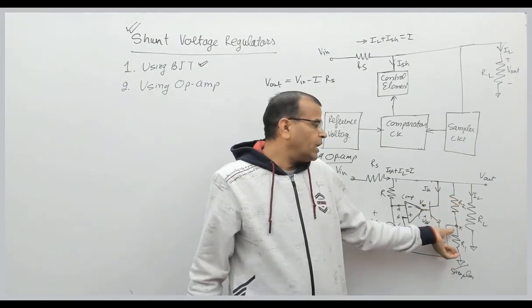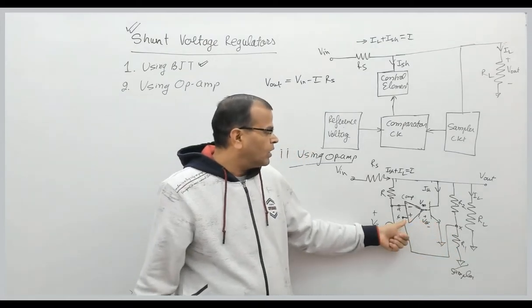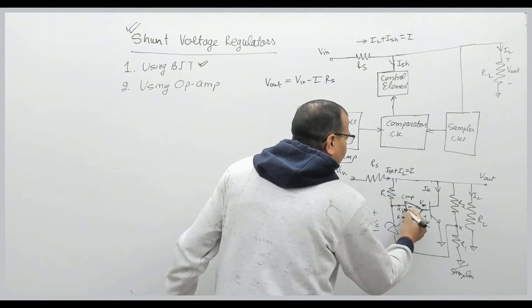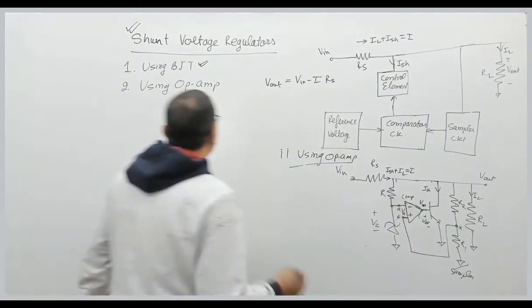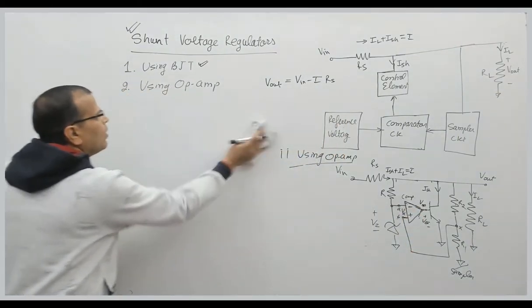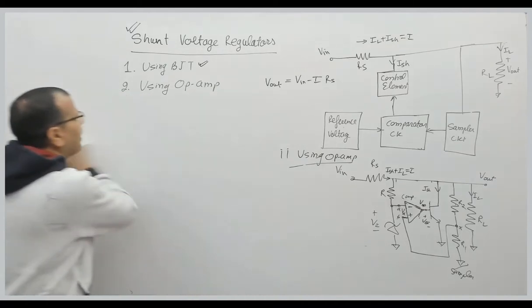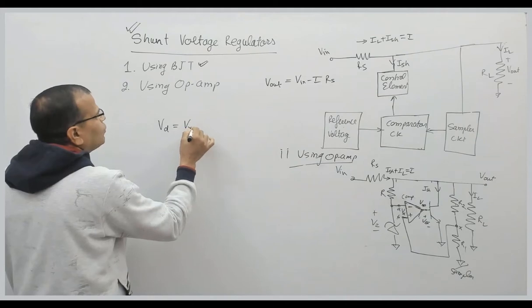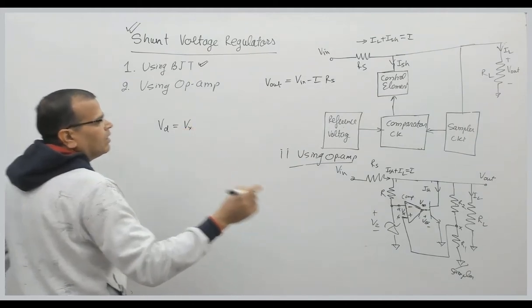So the voltage at the non-inverting terminal has reduced. And what is the differential input of the op-amp?